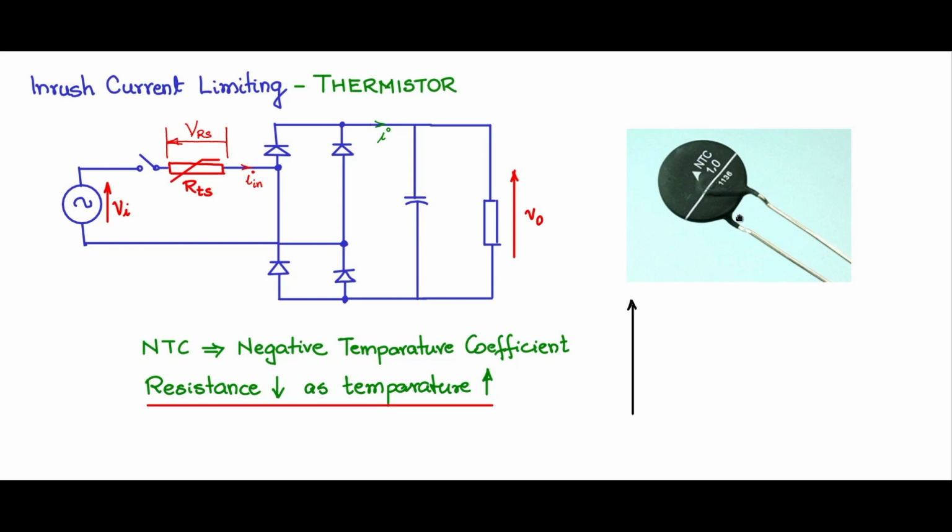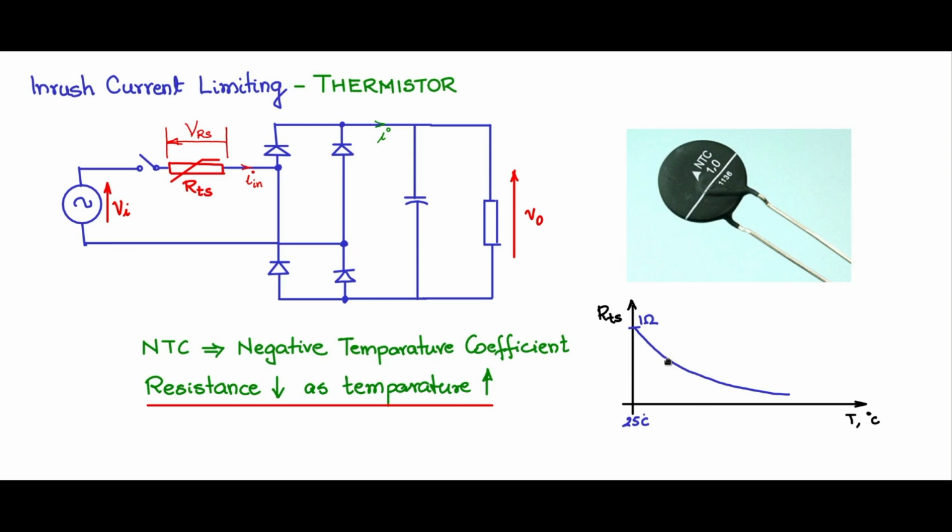If you plot on the x-axis temperature in degrees centigrade and on the y-axis RTS, the resistance of the thermistor, and let us say it is 1 ohm at 25 degrees centigrade, it will start reducing as the temperature of the device increases because of dissipation.